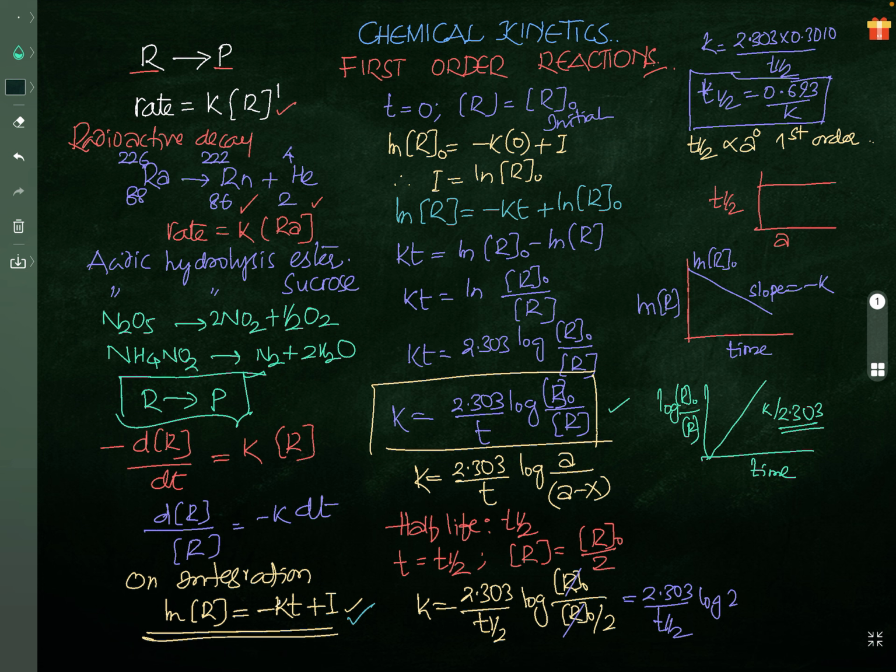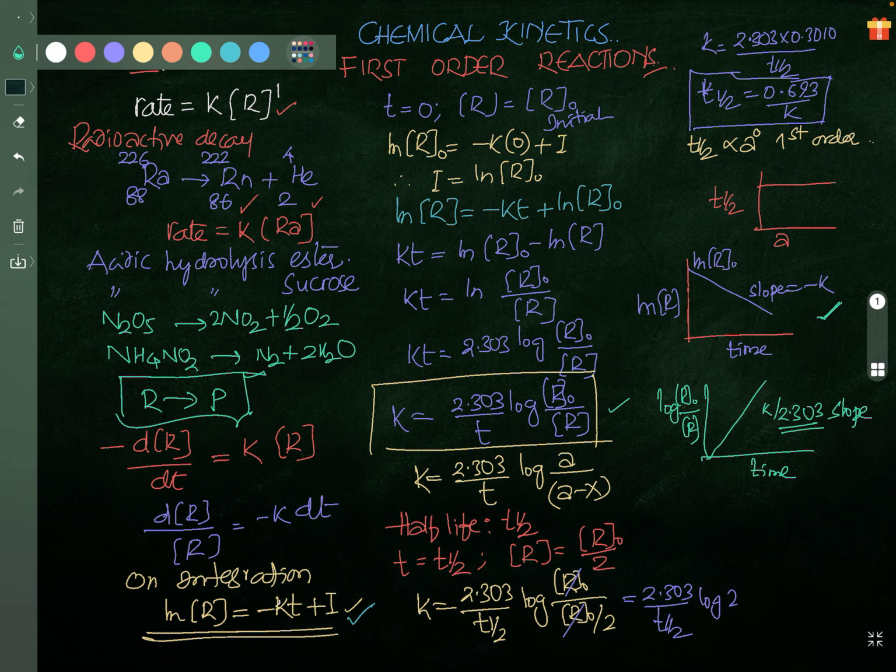Log R0 by R versus time is an increasing graph. The slope is positive, k by 2.303. The above graph is very similar to zero order. In zero order we take R versus time; here it is ln R versus time. That is the only difference. So this is about chemical kinetics, first order reactions.